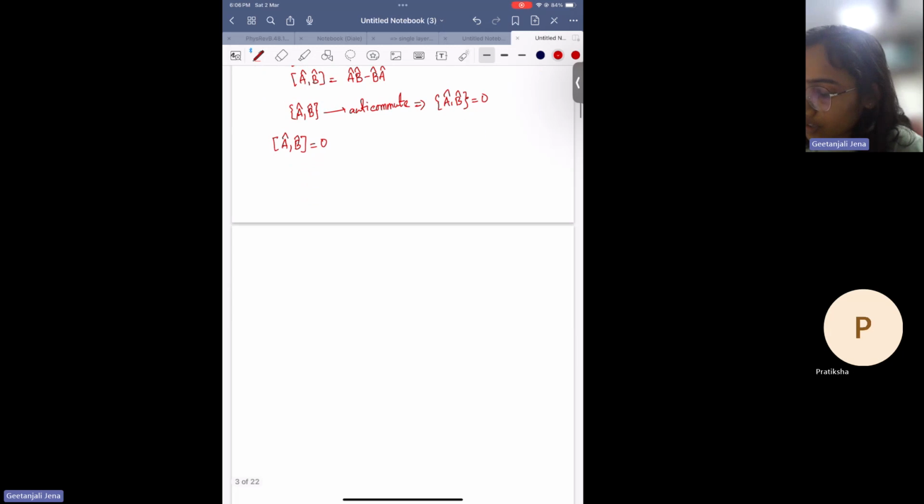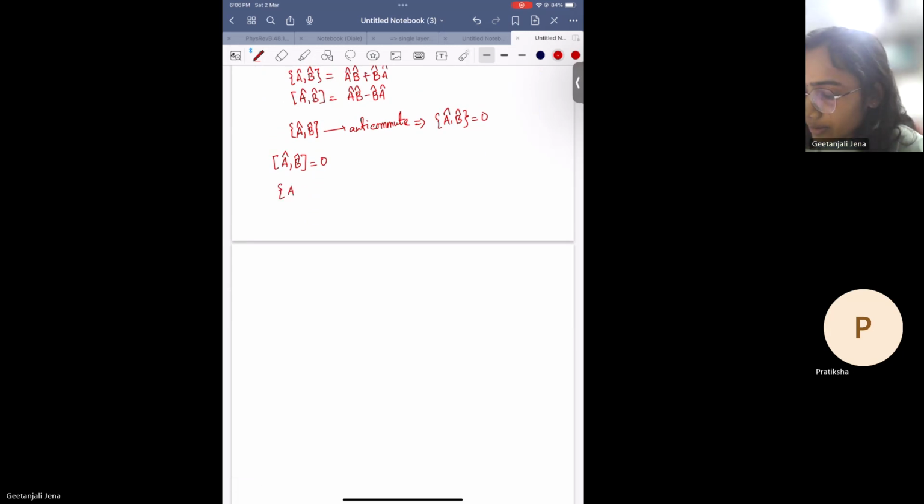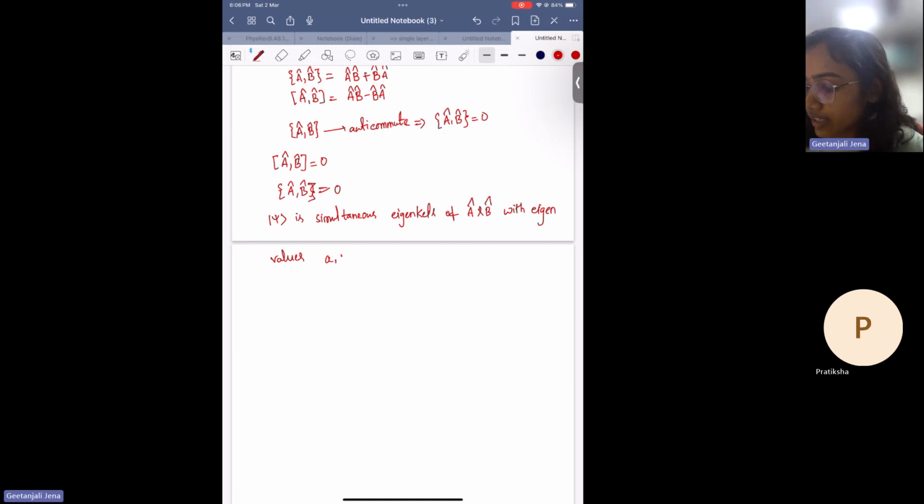The condition given to us is that the anti-commutation relation of A and B is equal to 0. Let's assume psi is the simultaneous eigenstate of A and B, with eigenvalues small a and small b.